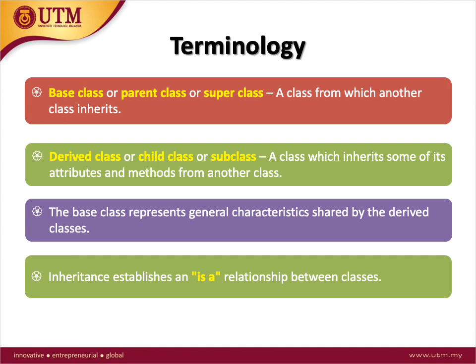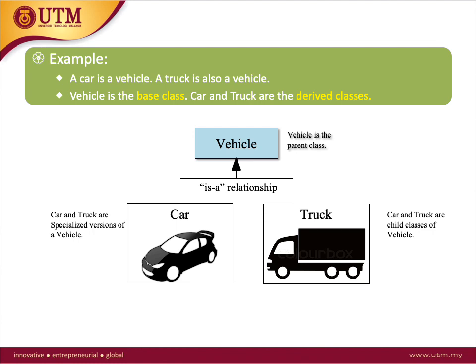When you look at this example, vehicle is a base class, and car and truck are derived classes. So what is the relationship here? It is an is-a relationship. It means a car is a vehicle.